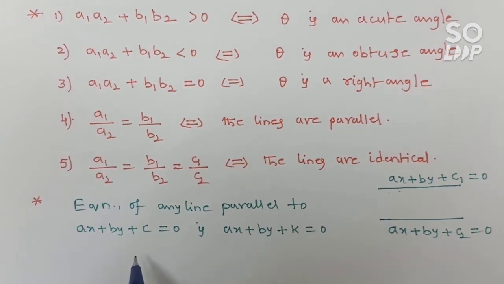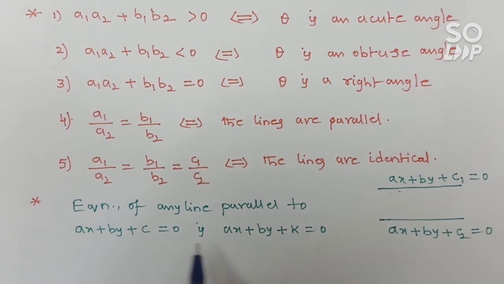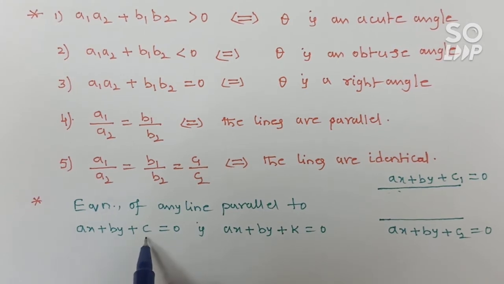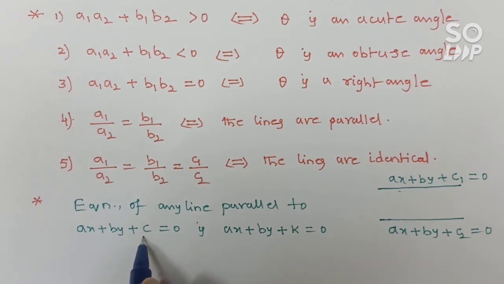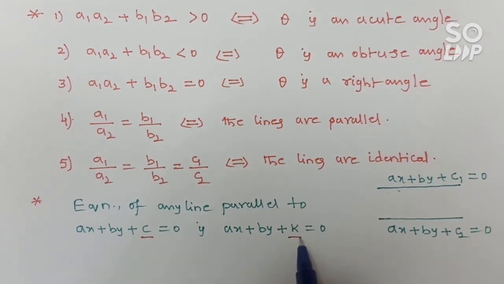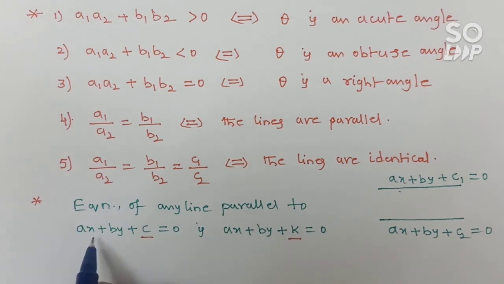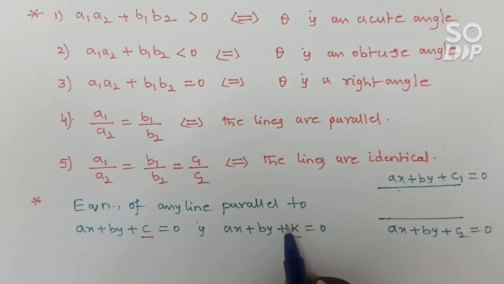What we can understand is that parallel lines differ only in their constant. Here the constant is c, and in the next one the constant is k. The remaining x and y terms will be the same in both equations. Now we need to find this unknown value k.